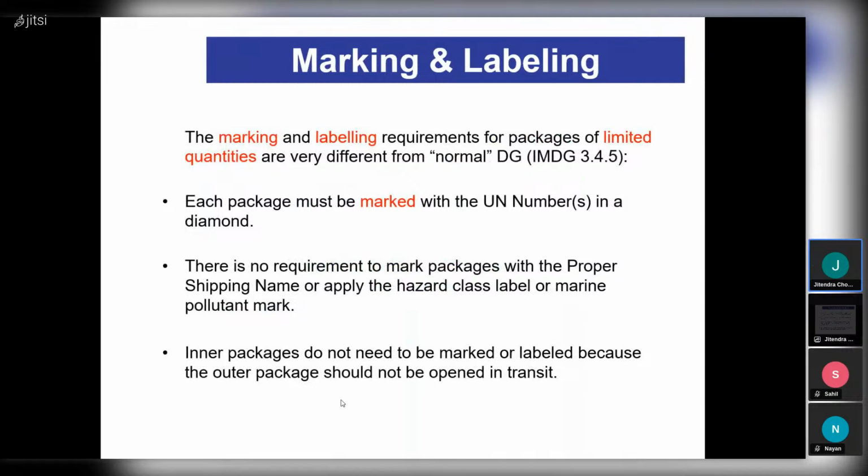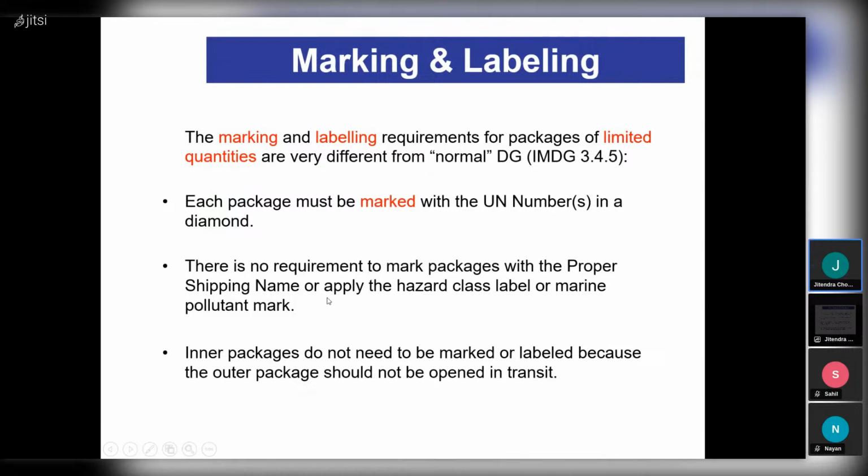And if it is a limited quantity cargo, loaded in quite a small limit, the requirements are different. The UN number should be marked in a diamond, in place of the class mark as per the class.